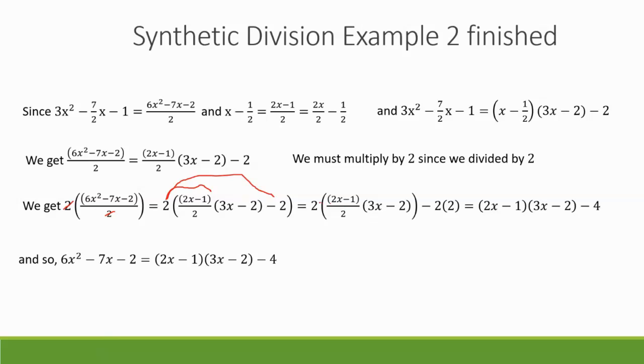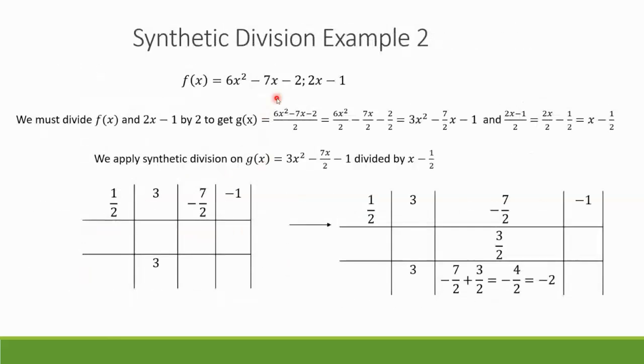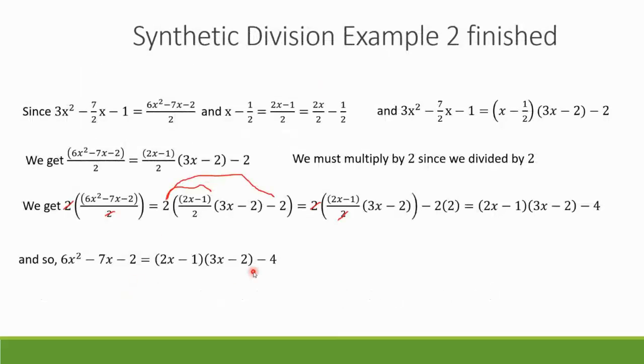And over here, this 2 cancels with this 2, which is actually why we get from here to here. So altogether, we get this. Now we answer the original question, which was to divide f of x by 2x minus 1. Now we've answered that. Our quotient is 3x minus 2, and our remainder is 4.